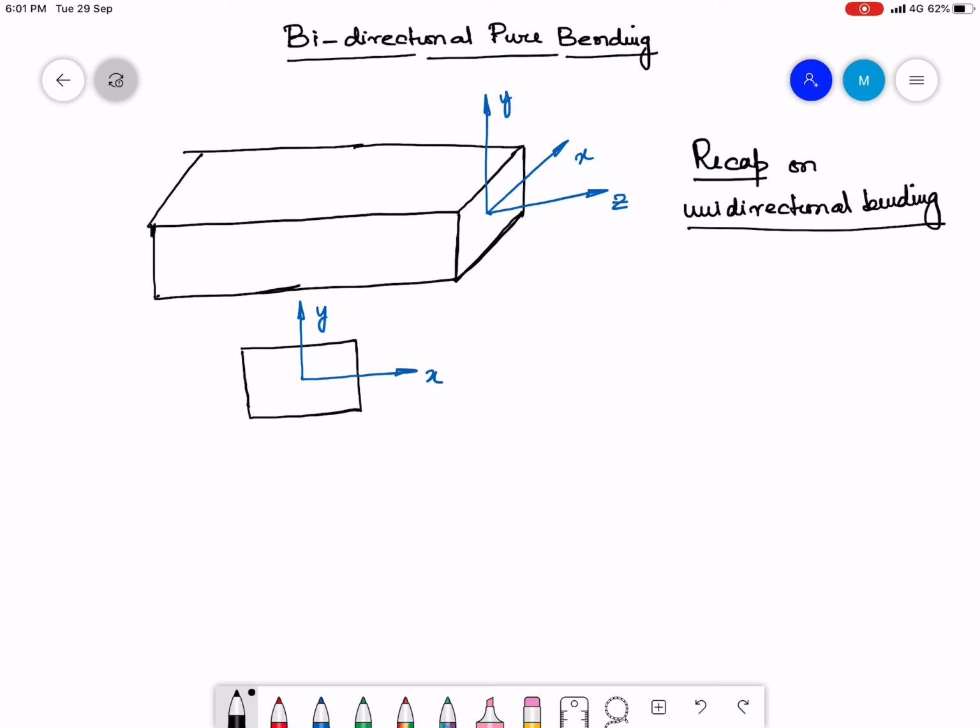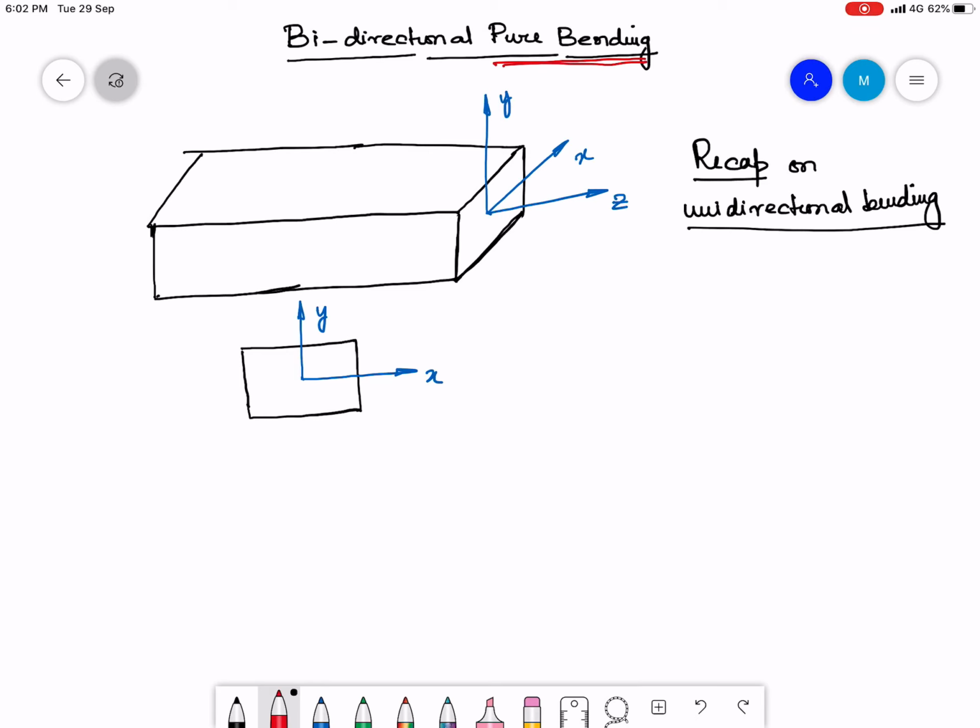And another point that I wish to highlight is that we are talking about pure bending. What is meant by pure bending? Pure bending is when the only external force that is acting on the beam is a moment. There is no other force or moment acting on the beam. There is no axial load, there is no shear force, there is no torsional moment.